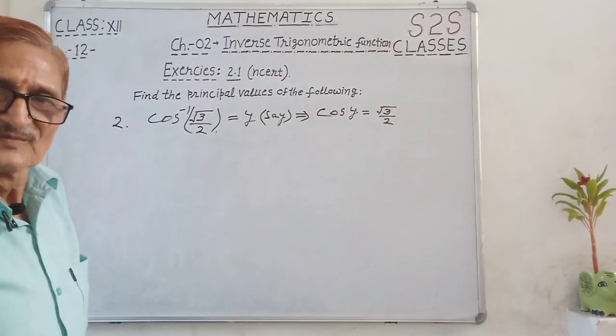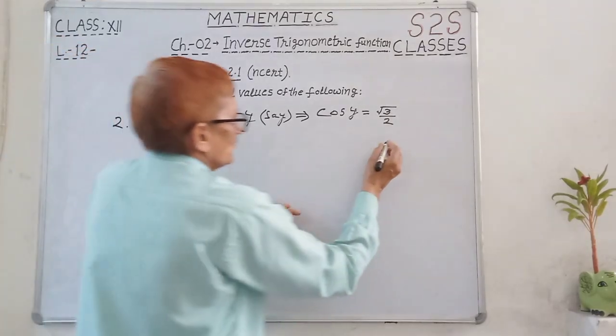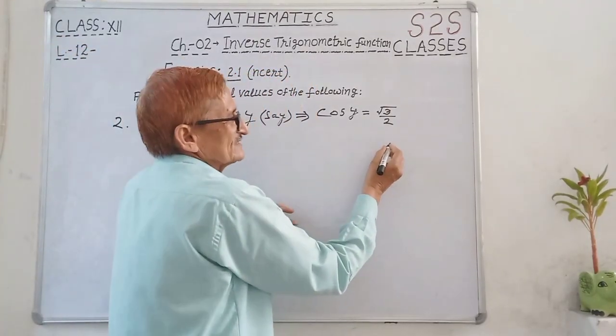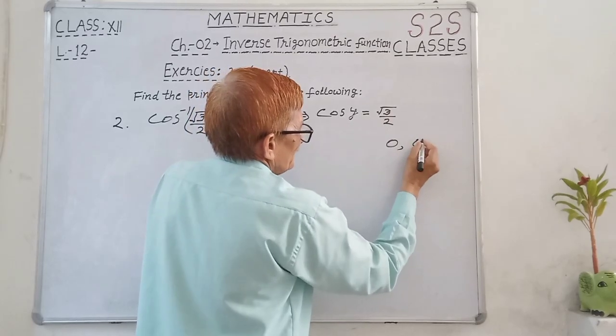Now see that y is the output of cos inverse, and the range of cos inverse is 0 to pi.